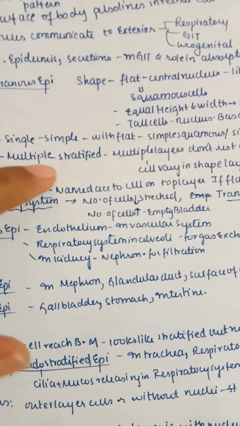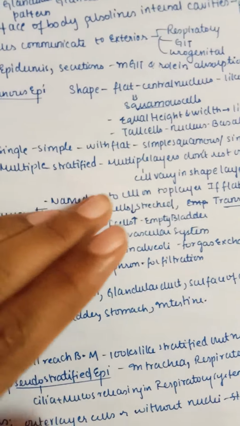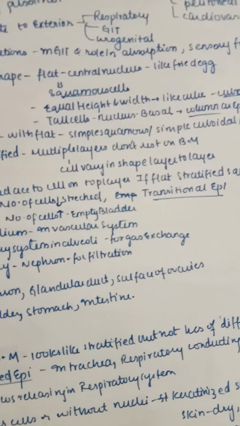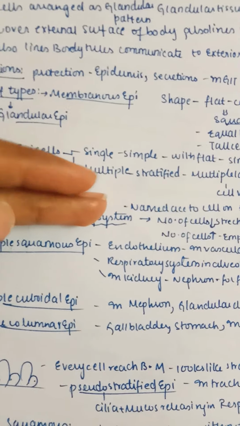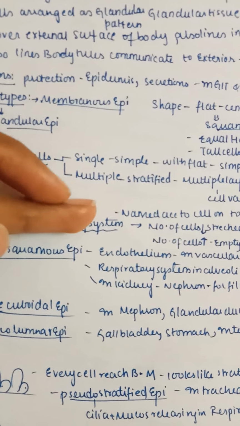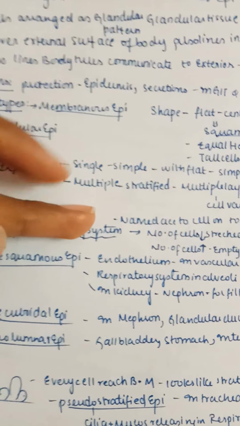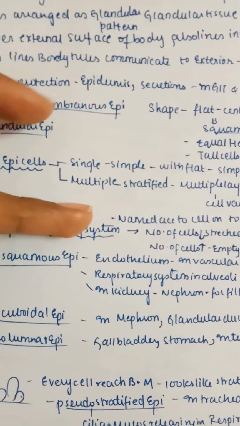But if we have multiple layers of cells, it is known as stratified. With multiple layers, they don't all rest on the basement membrane, because only a single layer does. A single layer of cells is completely attached to the basement membrane, but with multiple layers you can imagine the outer layers are free.